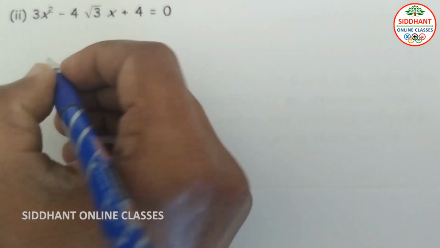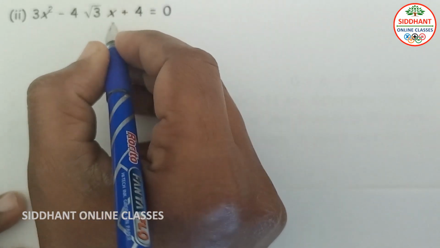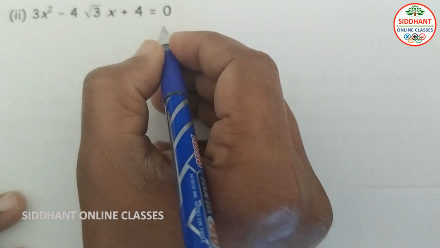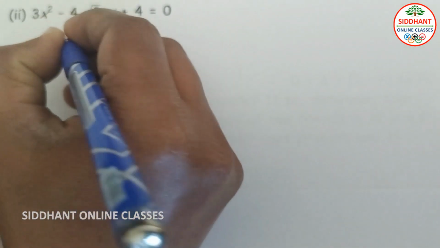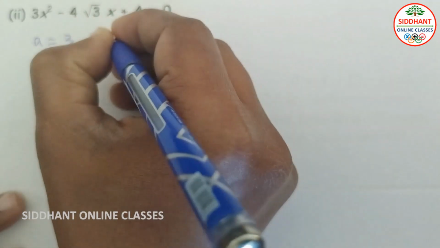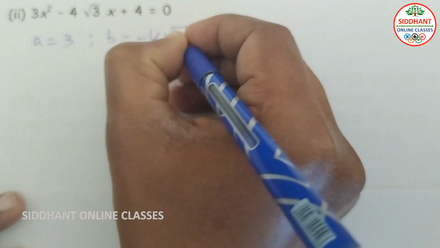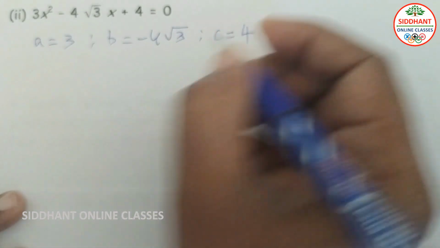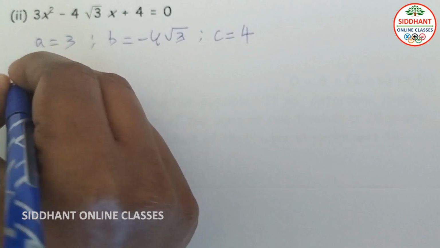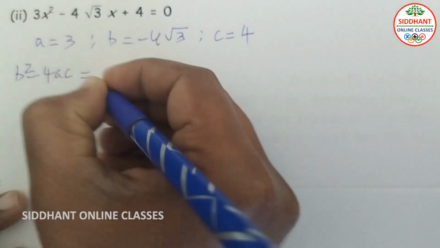Question number 2. 3x² − 4√3x + 4 = 0. So here a = 3, b = −4√3, and c = 4. So b² − 4ac.